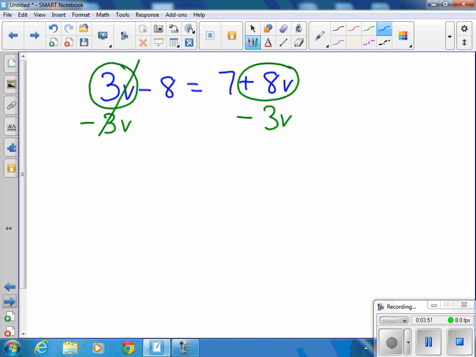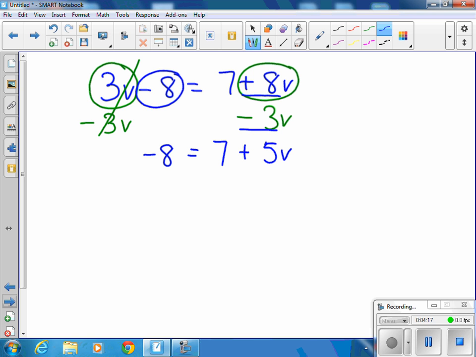So I have negative 8, because don't forget that sign, folks. See right there? Circle it if you need to. That's a negative 8 on the left-hand side. Equals, can't forget my 7 either. I have 7. Now what's happening here? We have positive 8 minus 3, which is going to give me a positive 5v.